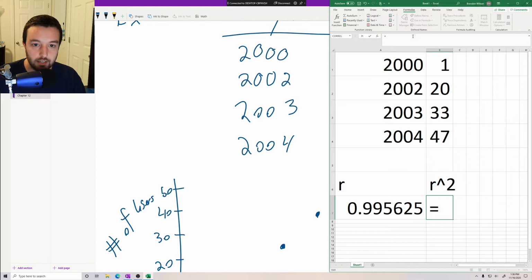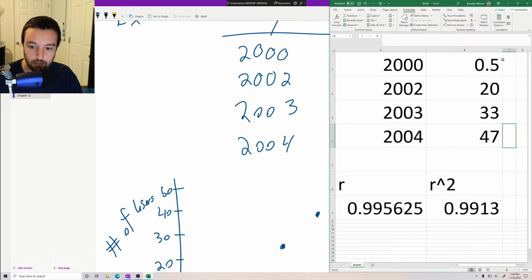We take A7 and multiply it by itself, so times A7. It's saying 1 again, but it's not actually 1. It's 0.9913. So if R is really large, R squared is going to be really large.